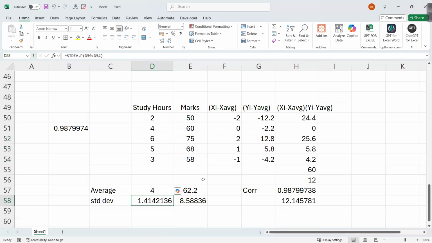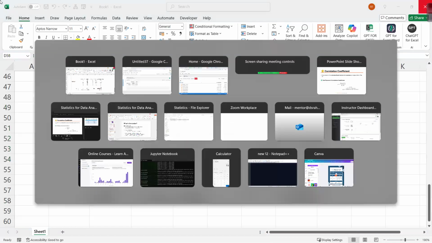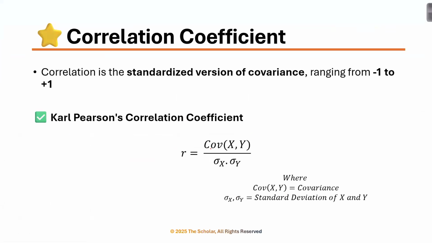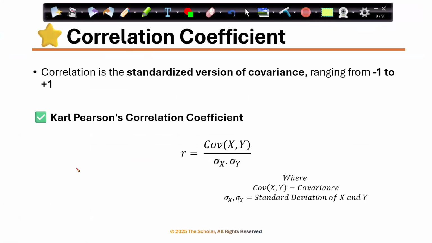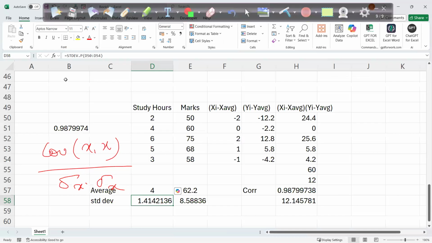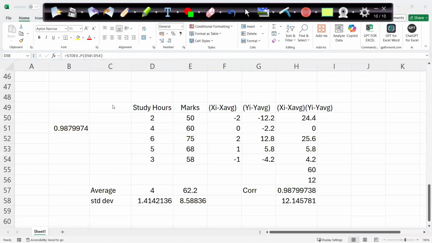Right? Formula क्या हो जाएगा? If you go back to this formula, covariance of X and Y is this. What is the covariance of X and X? Covariance of X and X upon standard deviation of X, standard deviation of X. So let's go and check it out. Covariance निकालते हैं पहले. Covariance क्या है? Variance ही होता है ना? अगर सेम ही फीचर को तुम करोगे तो वेरिएंस ही होता है.